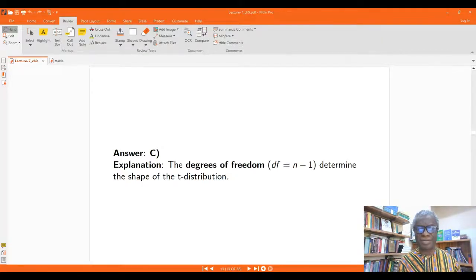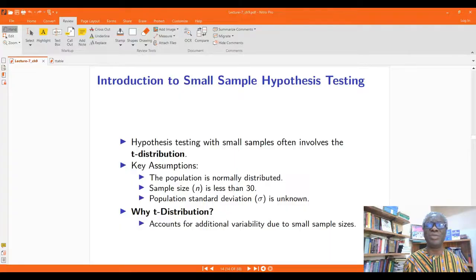Now, let's go to the main issue, the focus of our discussion. To introduce small sample hypothesis testing, now you know that for small samples, we are no longer going to use the Z distribution, but rather we use the t-distribution.